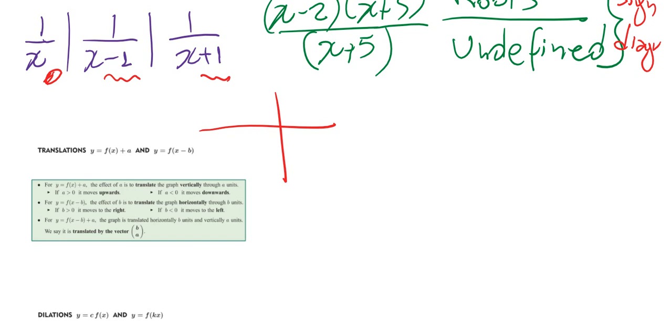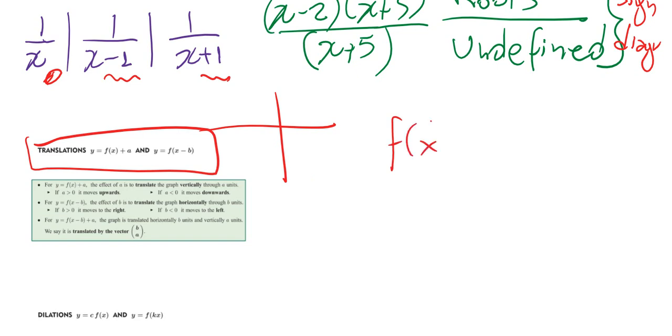So I want you to understand that translations, as per this formula, occur when we have f of x with an additional constant. Or, for example, this case is a case of translation where I'm taking away from the x a certain number, or adding a certain number.